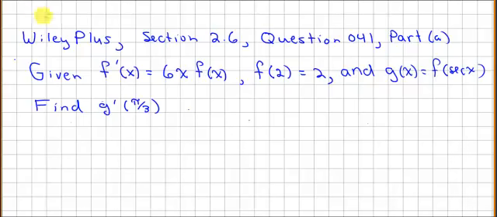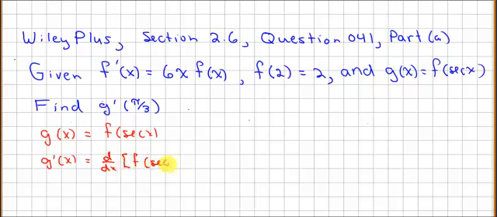We know that g of x is equal to f of secant of x. Then g prime of x is going to be the derivative with respect to x of f of secant of x.